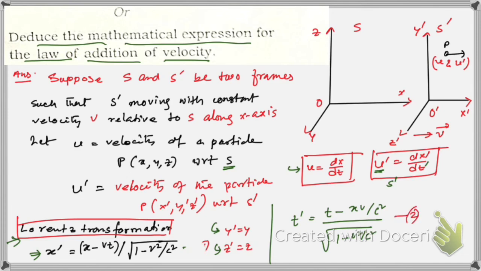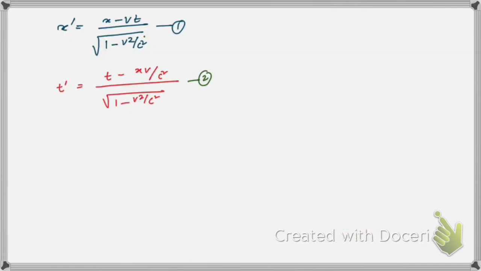So here is equation number 1. Let me write it properly: this is equation number 1 and this is equation number 2. So what are we going to do now? Now let us differentiate these two equations, equation number 1 and equation number 2. Let me write these two on the other slide. So first let us differentiate equation number 1.